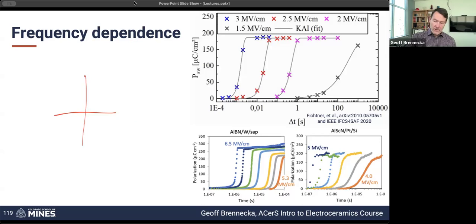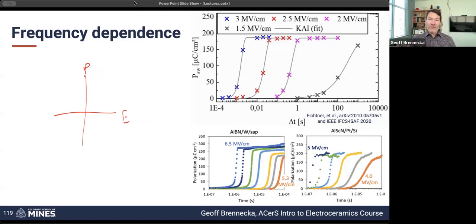So I've got a standard polarization versus field hysteresis loop for any miscellaneous ferroelectric. It doesn't have to be this aluminum scandium nitride stuff. How would this polarization versus field hysteresis loop look different for different measurement frequencies? And what does that tell us about what is happening inside the material?